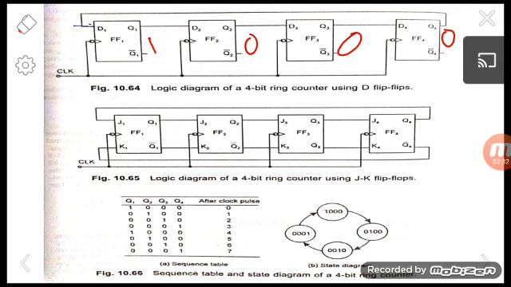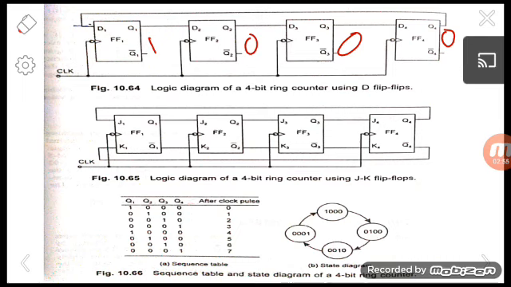This 1 will transfer to the output of the second flip flop, that is 1 will appear at Q2. And Q1 will become 0, since 0 is transmitted to the output of the first flip flop. So we get the next state as 0 1 0 0.